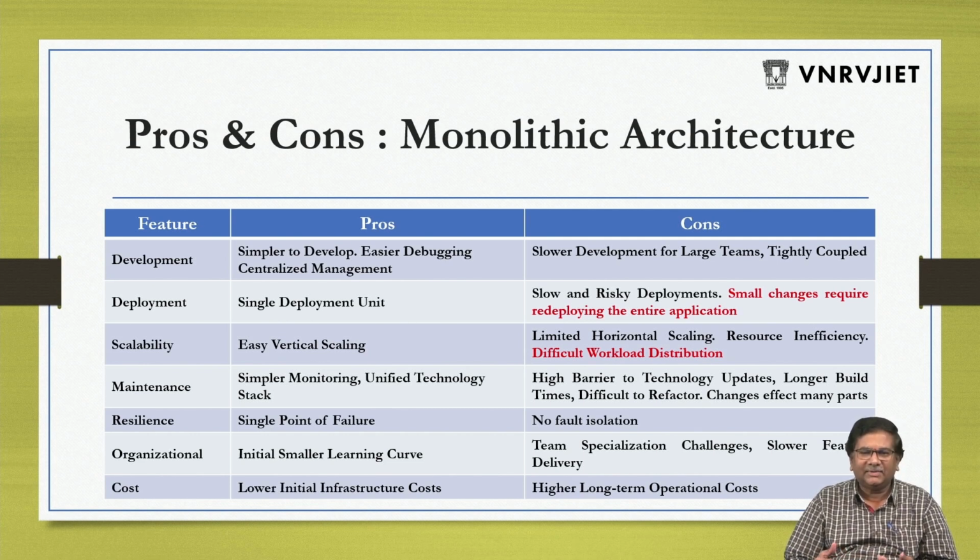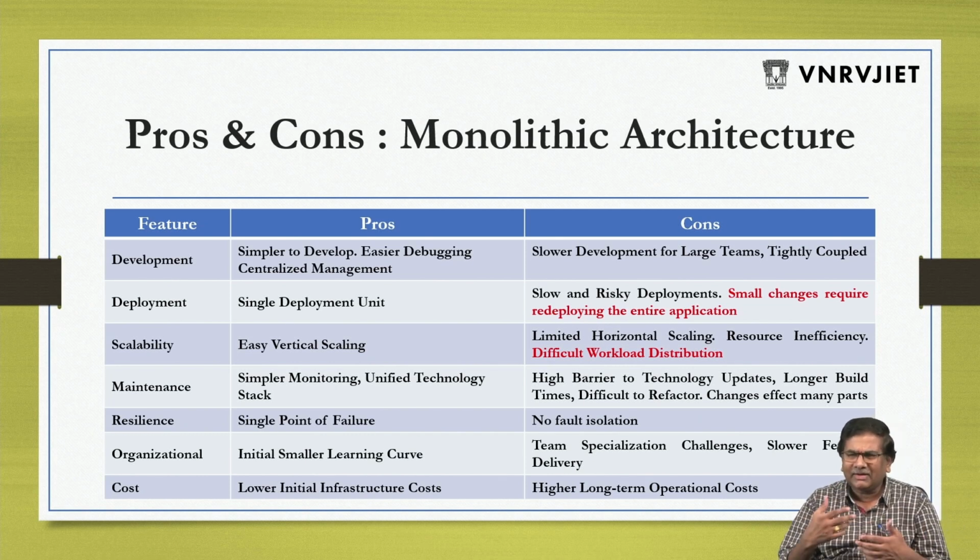Organizational. Initially it is small, there is only one application, so the learning curve is easy. Over a period of time, only a few people know the entire application, and the rest are floundering because it's difficult to learn and understand, as it's not clearly separated.